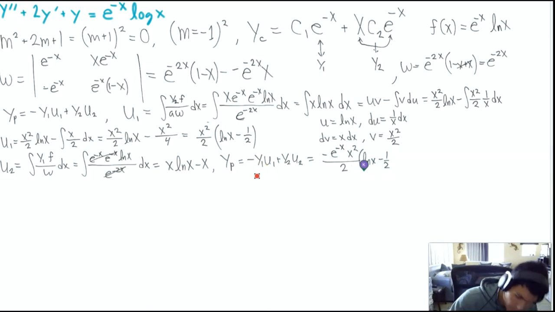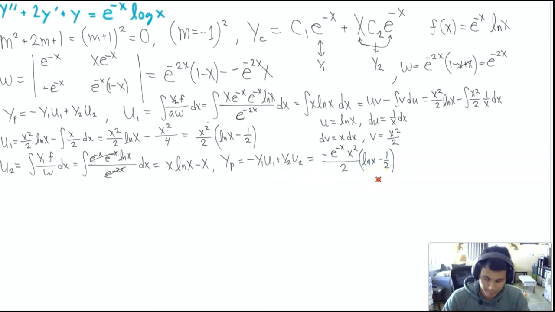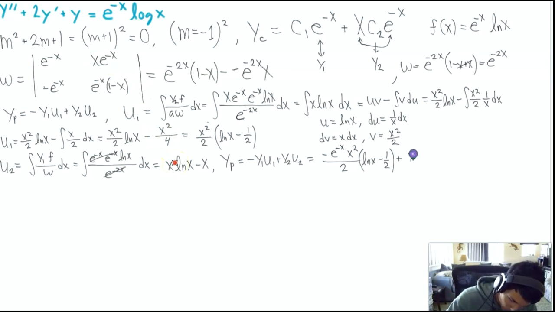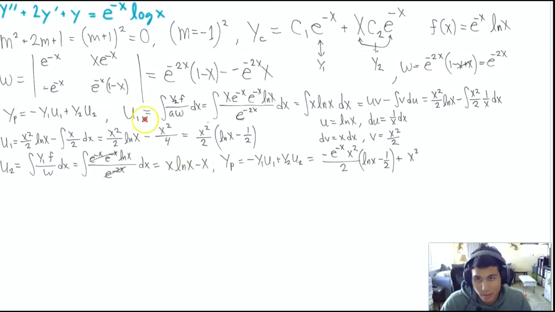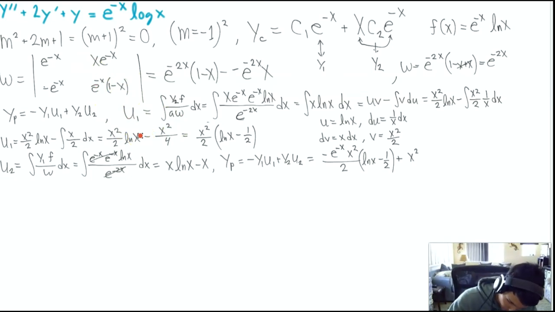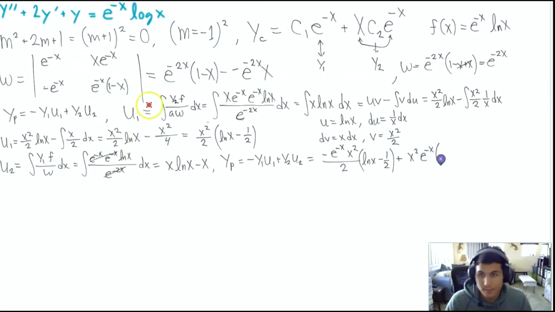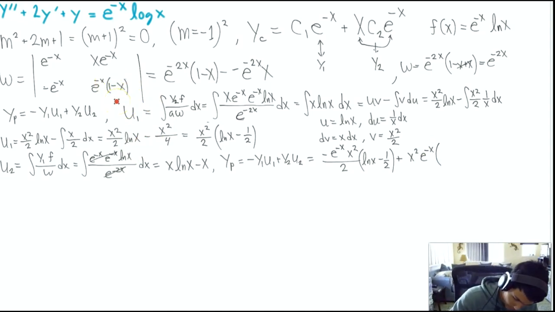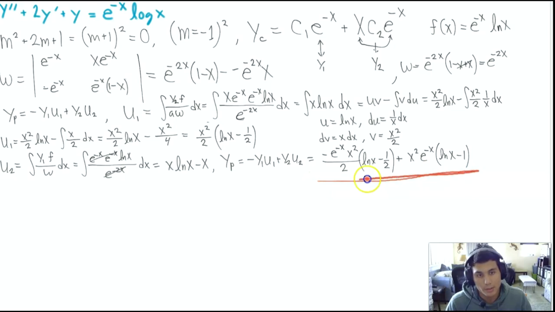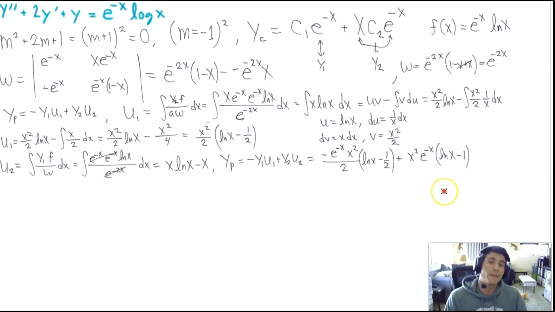There we go. That's how you write it. And plus this times this, which would be x squared. I'm just doing a little bit of factoring and math in my head so it looks nicer: x squared e to the negative x times ln x minus 1. This is yp right here.